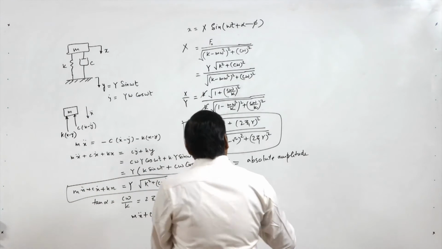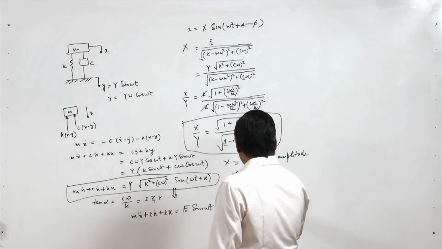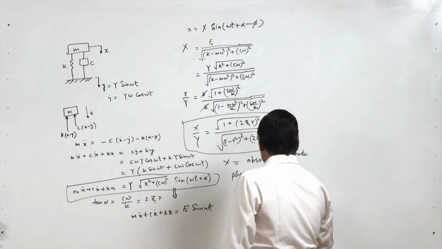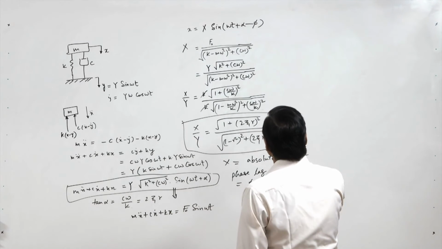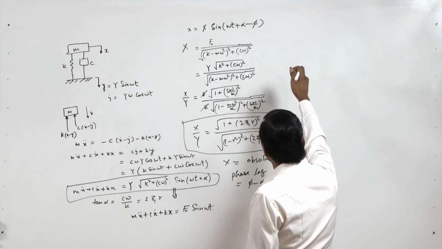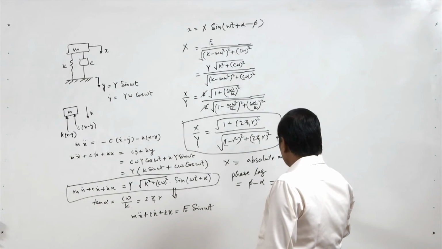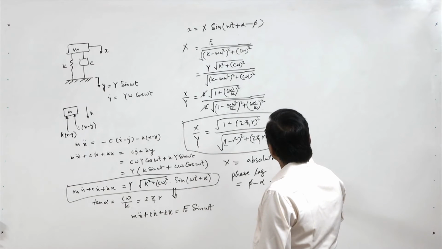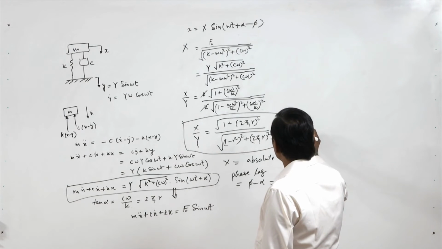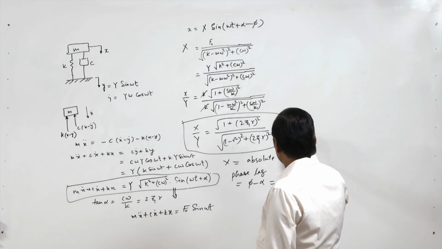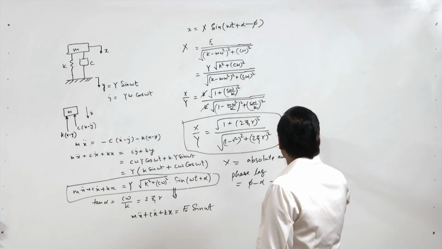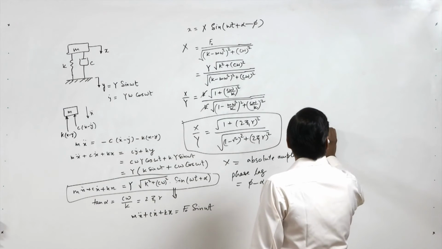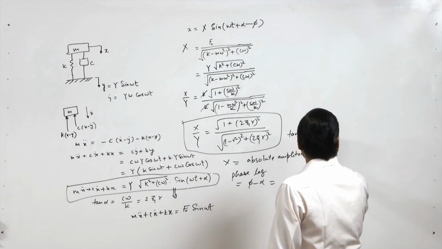Now here the phase lag is equal to phi minus alpha. And here tan phi is 2 zeta r upon 1 minus r square.